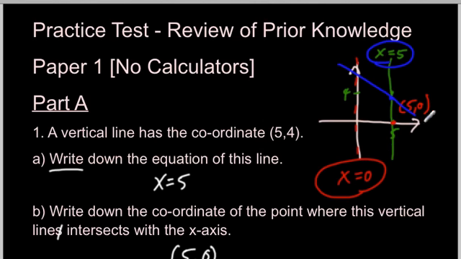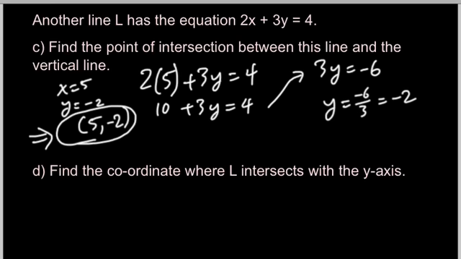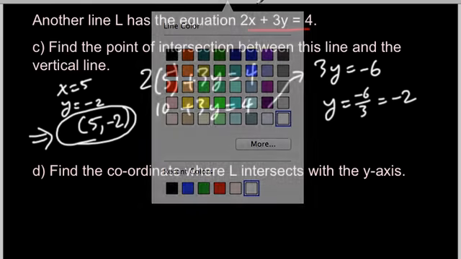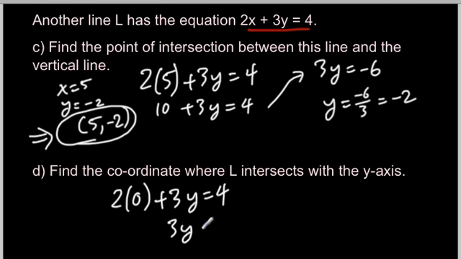We want to find out where this blue line intersects with the y-axis, and since we know that's x equals 0, all we have to do is plug that into this equation. So 2 times 0, because that's where the y-axis is, plus 3y is equal to 4. This goes to 0, so 3y is equal to 4, and therefore y is equal to 4 over 3.